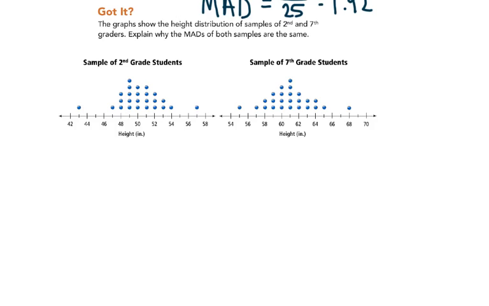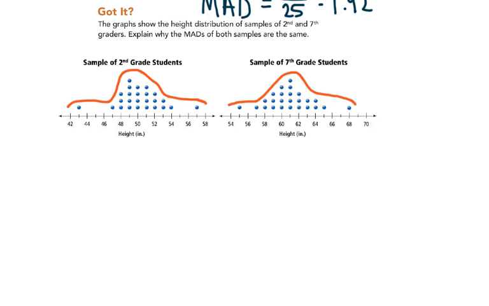So if you take your pencil and you kind of outline the shape of this dot plot, it looks like that. If you do the same thing over here, it looks very similar. So when the shape of the dot plots look similar, it means the distribution of data is evenly spread out.